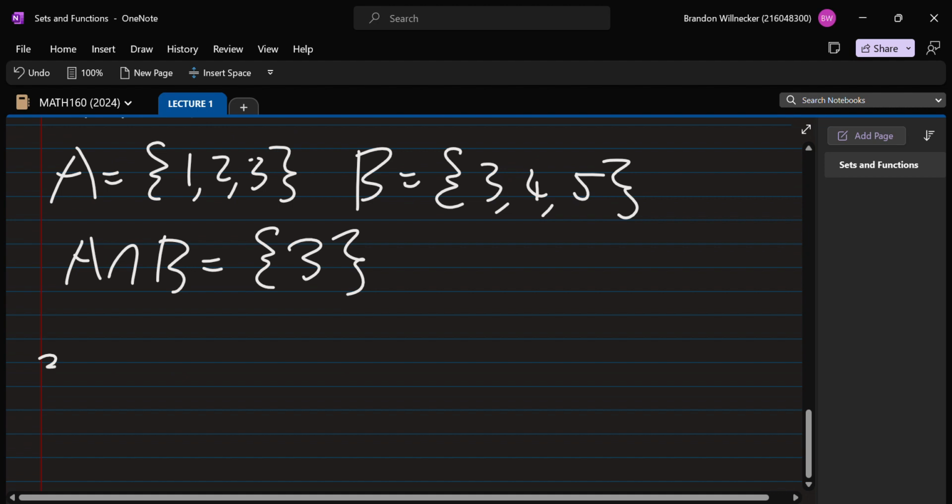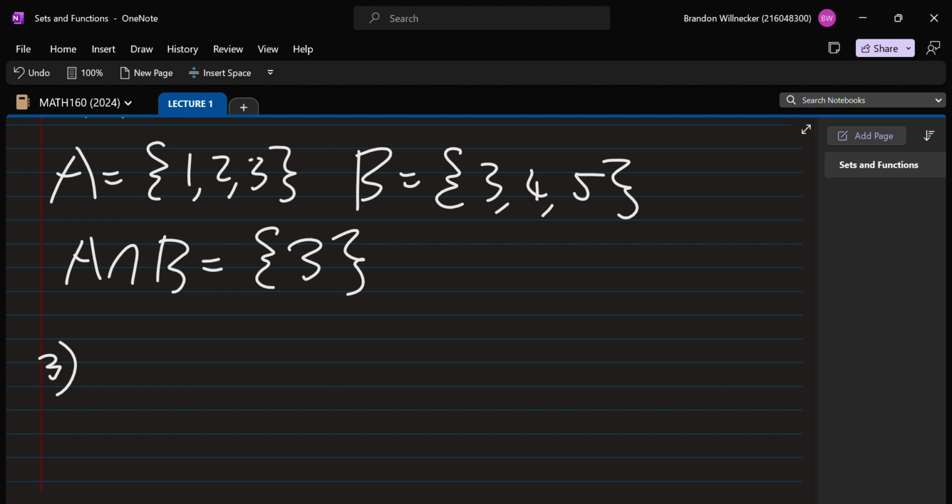Number 3, set differences. There is quite a lot of notation for set differences. Sometimes it's written A\B, A/B, and so on. We're not going to use any of that because that is too similar to some high-level math, so we don't want to confuse anything there.